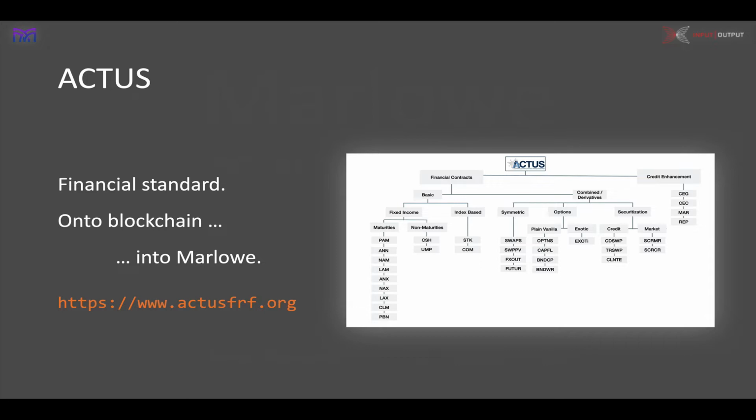We've been talking to the ACTUS organisation, and what we are keen to do is see how some of the representative sample of the contracts that ACTUS people have written can be translated onto blockchain and put inside Marlowe. You can see here the link to the ACTUS web pages where you can see this taxonomy and you can read the description in a lot more detail.